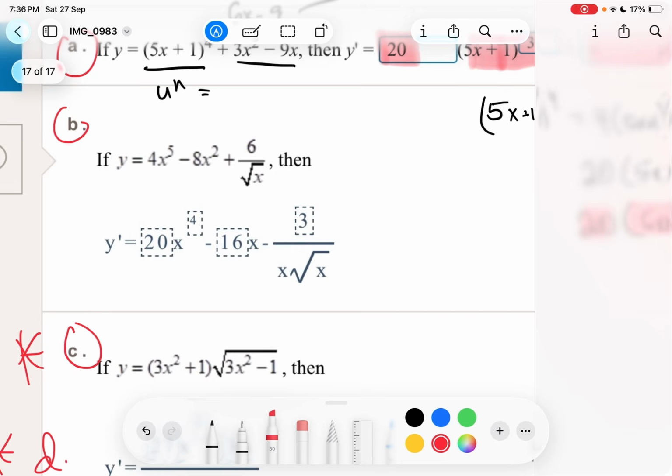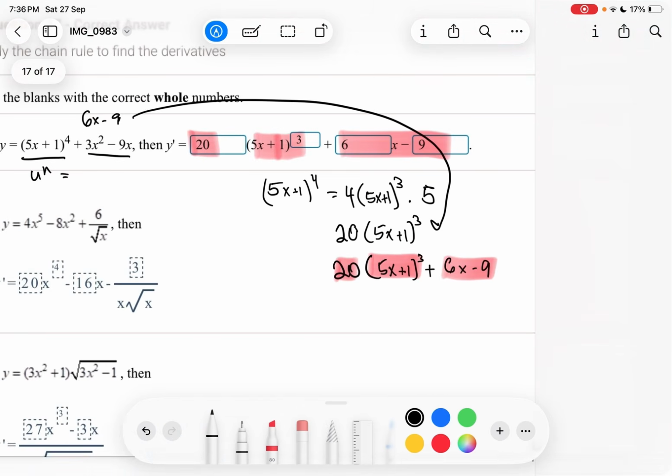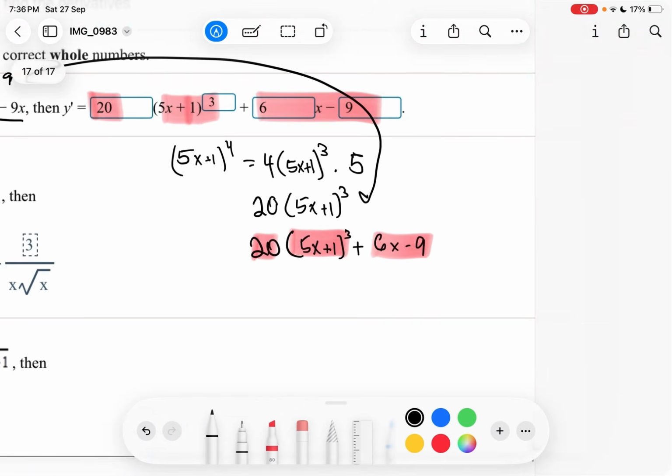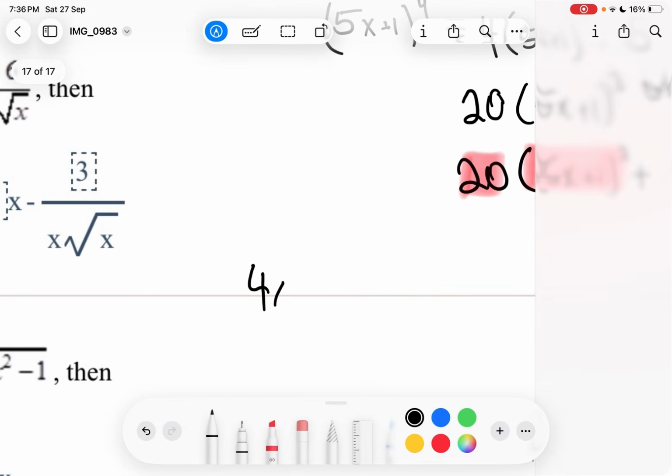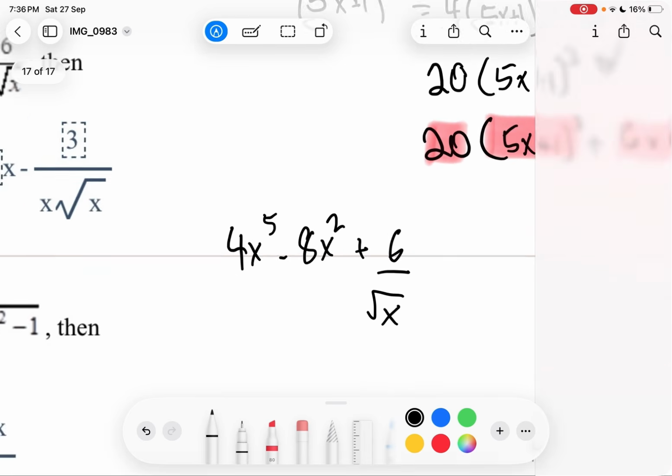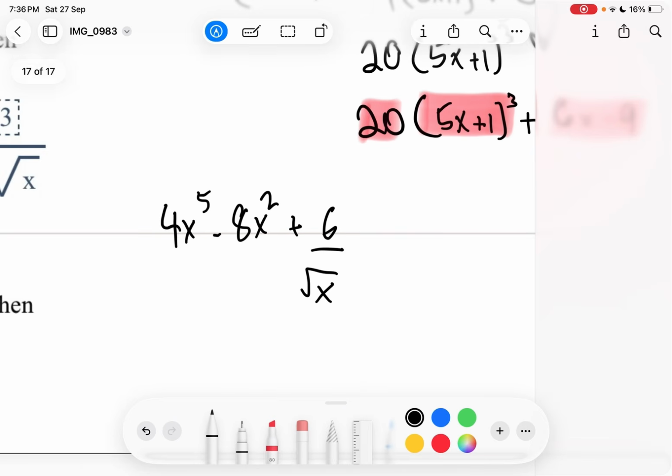Okay, part B. I'm going to do it down here, because I have space here. Let's take the whole thing, which is 4x to the 5 minus 8x squared plus 6 over radical of x. Here you could derivative this and this normally. So it will be 20x to the 4 minus 16x.